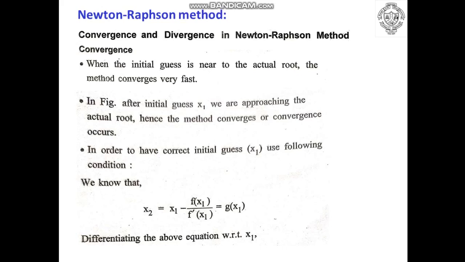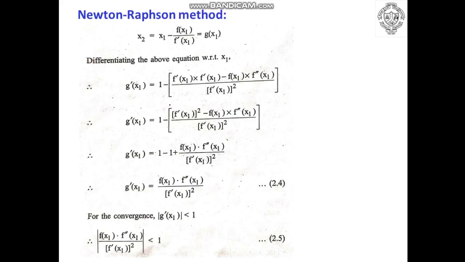That is x1. As we know, x2 is x1 minus f of x1 divided by f dash of x1. Now we will consider this as g of x1. Differentiating the above equation with respect to x1, we have to apply the u divided by v rule.